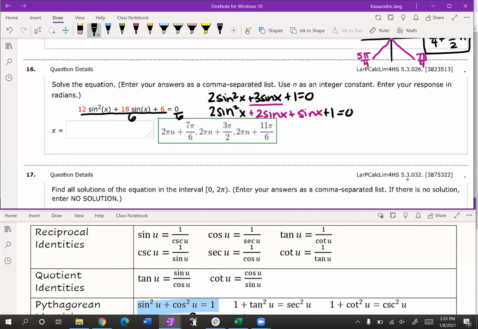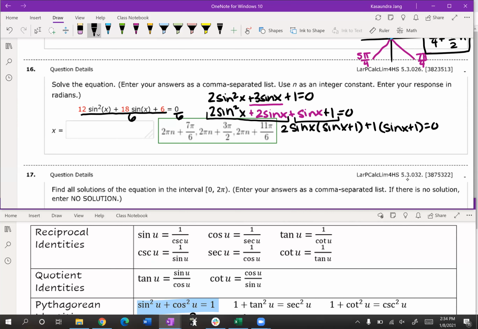I'm going to group the first 2 together, and out of that first group, their GCF, their greatest common factor, is 2 sine of x. I'm still left with another sine and a 1. All right, and then in my second group, there's not much they have in common. I can always factor out a 1, but besides that, I don't think there's anything else. So my GCF is just a 1. I'm left with sine of x plus 1.